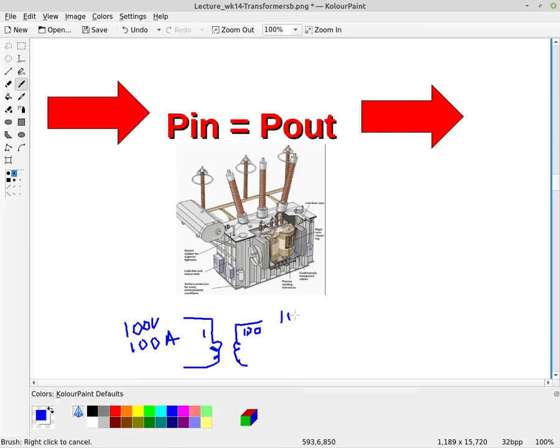So you're going to get 10,000 volts. The voltage is going up. That's what we call a step up. But the current goes down. So you get down to 1 amp for your current. So if you step up the voltage, you step down the current by the same factor. And that factor is what we call the turns ratio.